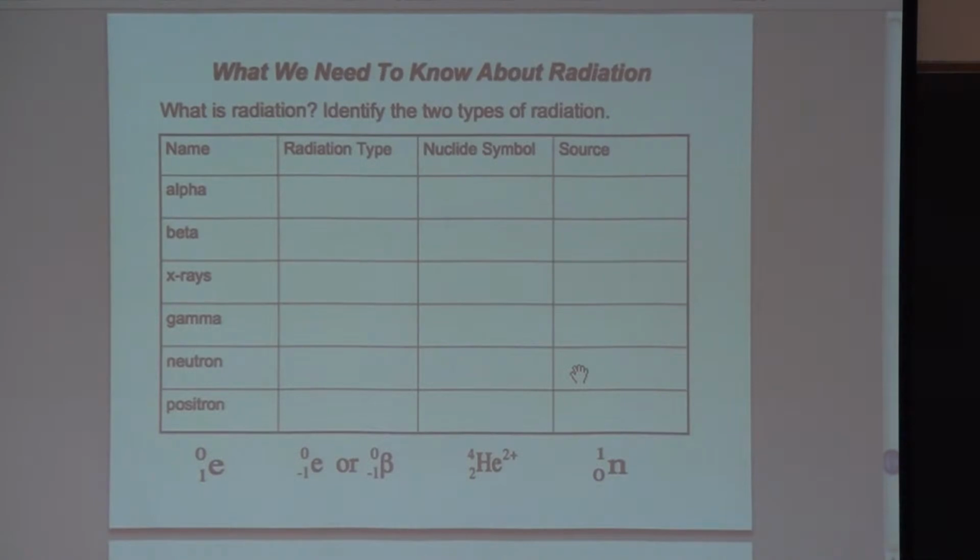So that's one source of neutrons. And for positrons, another medical therapy is positron emission tomography, PET. One source of positrons is a sodium isotope, I think sodium-22.